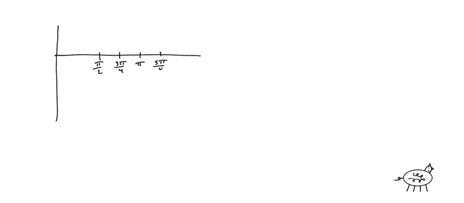Let me just give you this graph here. We're going to start at pi over 2, 3 pi over 4, pi, 5 pi over 4, and 3 pi over 2.